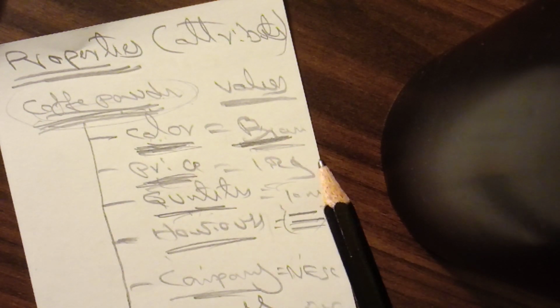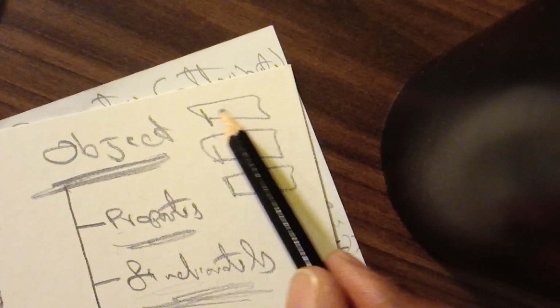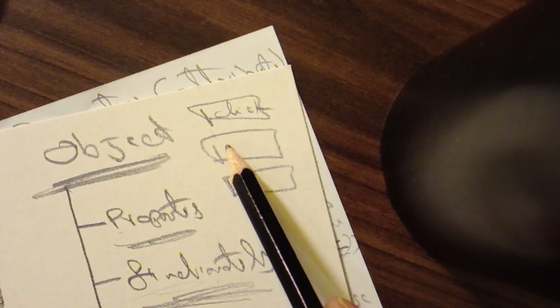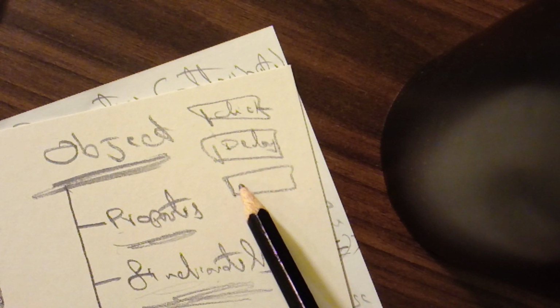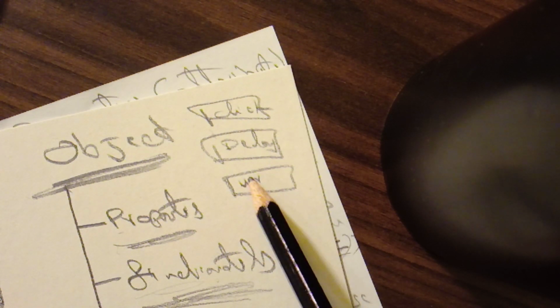Okay, so let's go to something like this. Here I take a click event, here a delay activity, and here a write line or element exist.